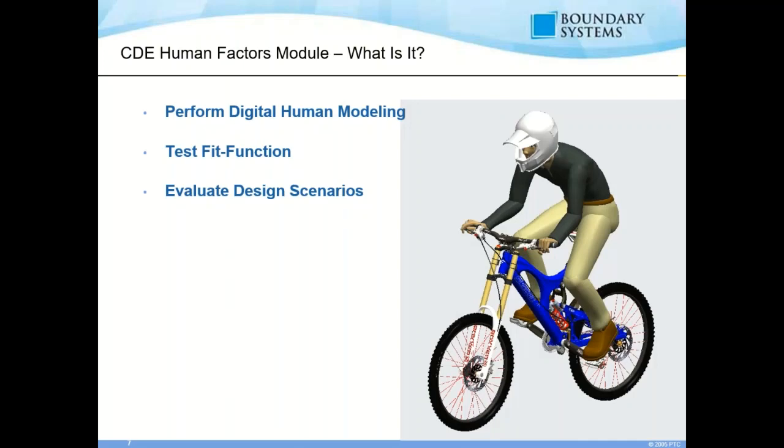And so now we'll dive into what it is specifically. The Creo Design Essentials Human Factors module is really intended to perform a lot of digital human modeling, right? So it's a way for you to take anthropomorphically, and permit me for saying that, it's not an easy word to say, anthropomorphically correct models of a human body from different population data, and place them on your Creo designs.